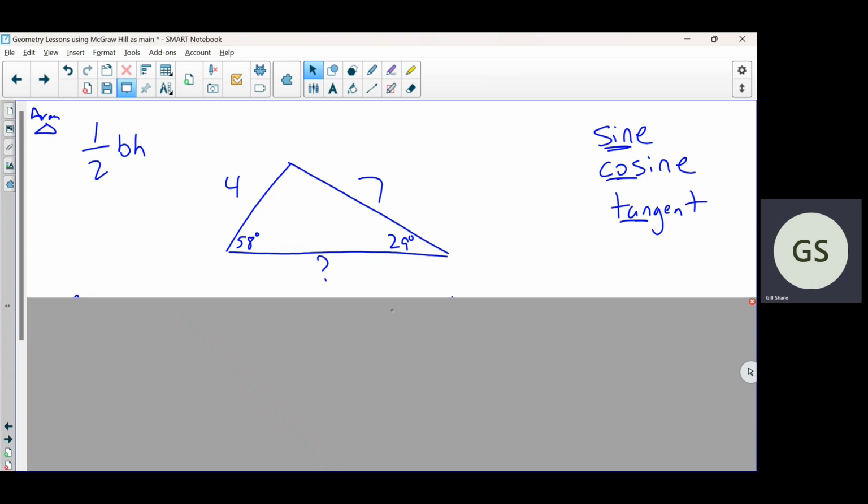Now, I would be super impressed, and I'm not asking any of you right now, but if you can do this and want to show it to me later, I might use that as credit toward a quiz, because that's really showing me you understand what we're doing. There is actually a way to solve for this side down here. Not anything we've done, but we've done enough that if you were really getting all this stuff, you could do it.